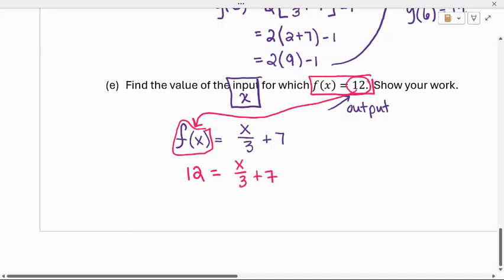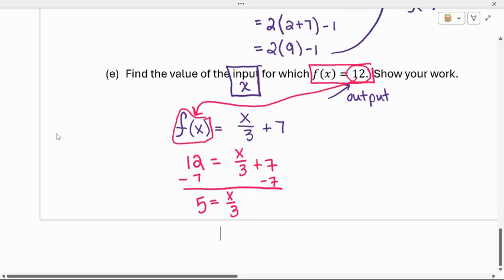Because we're trying to solve for x, we need to know what our input is. So if we're trying to find the input or solve for x, what would I do first? You would subtract the 7. Yes, sir. I would subtract 7 from both sides. Absolutely. So I have 5 equals x divided by 3. What would I do next?